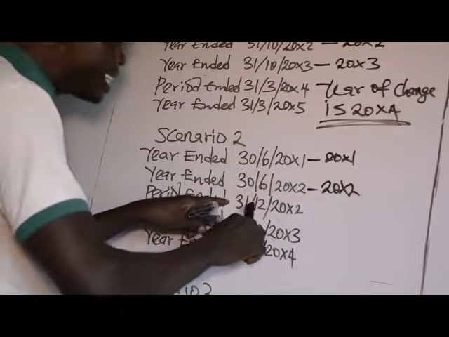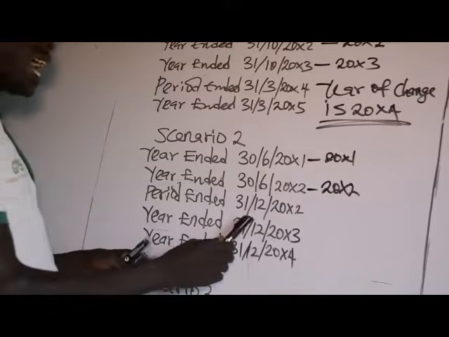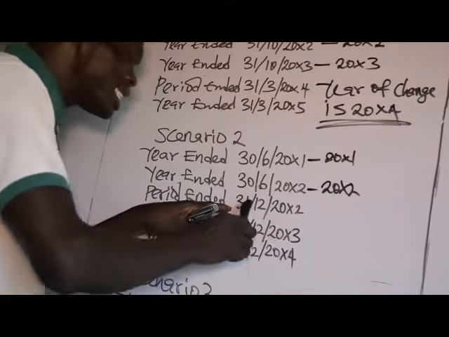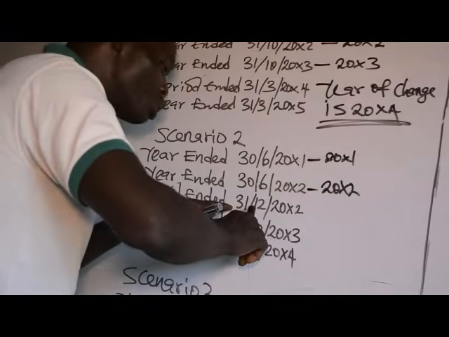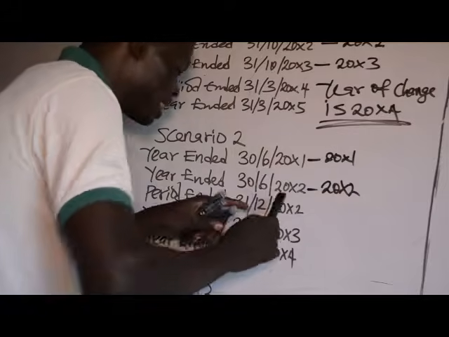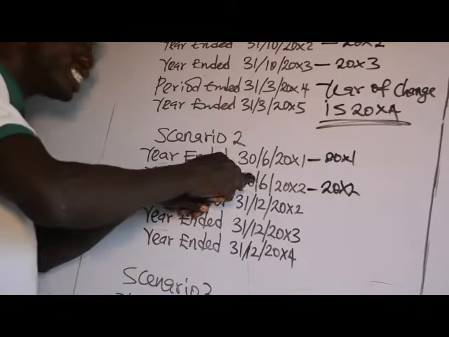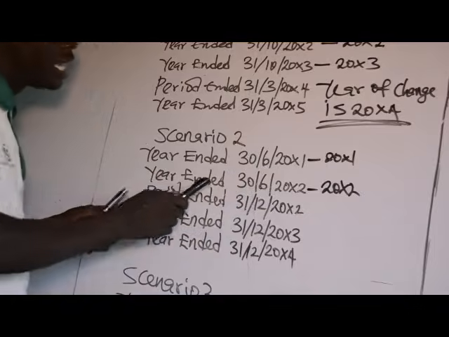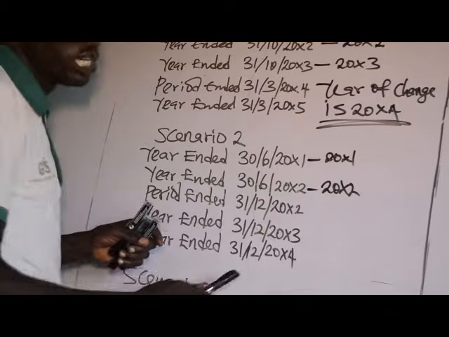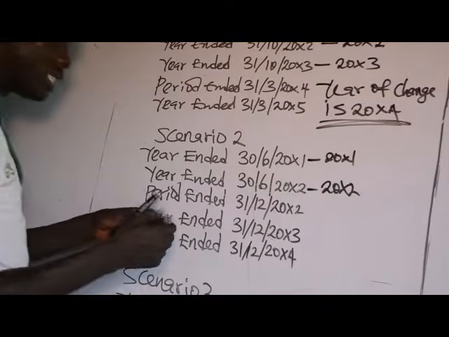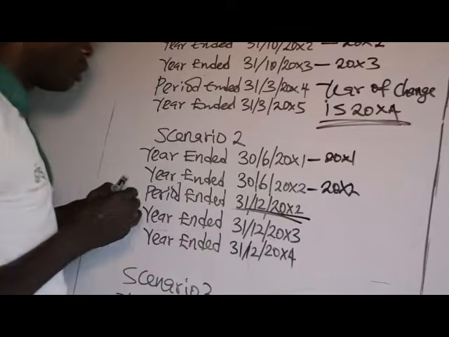But in 20X2, the entity now adopts December 31st. 20X2 is not the year of change, since June 30 can still be obtained within the 20X2 year end. Therefore, 20X2 is not the year of change.